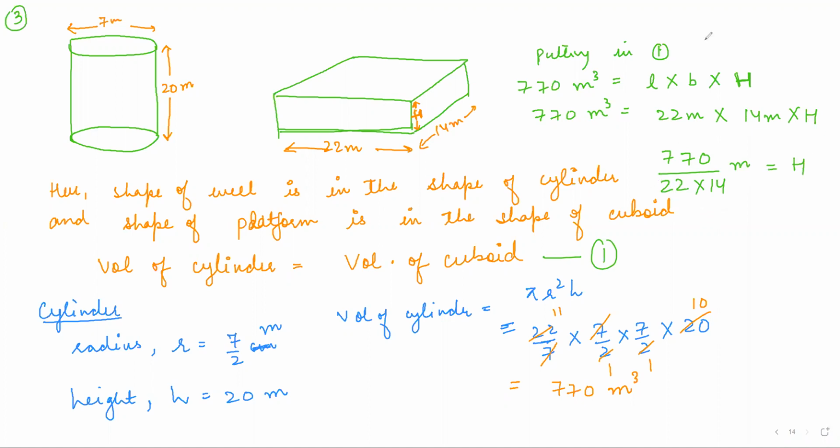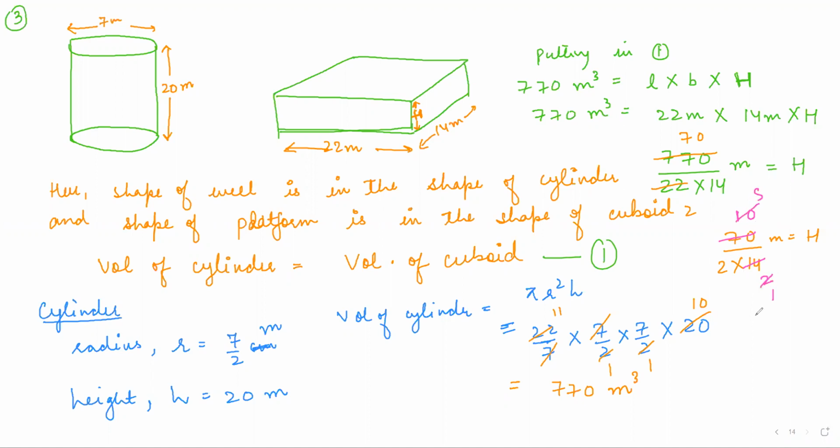Now again with the table of 11 you can reduce it. So 11 into 2, 11 into 7 and then 0. And again, this is now 70 divided by 2 into 14 meter is equal to h, right? So basically 7 into 1 and 7 into 2, then 2 into 1 and 2 into 5.